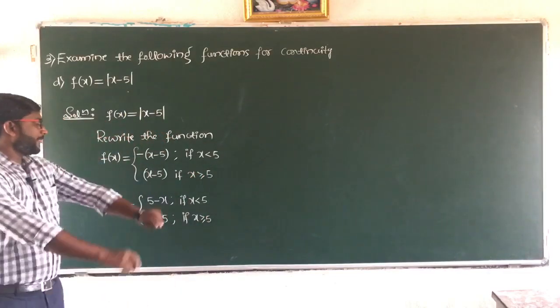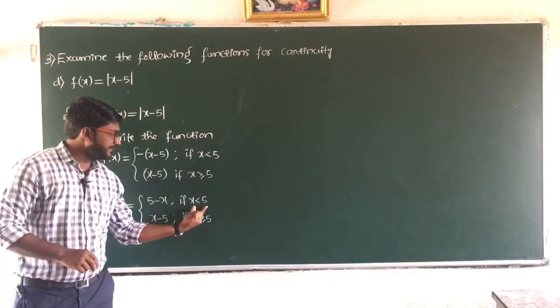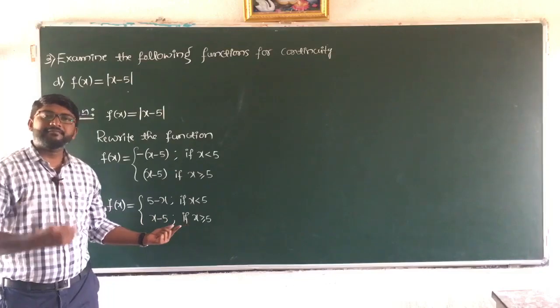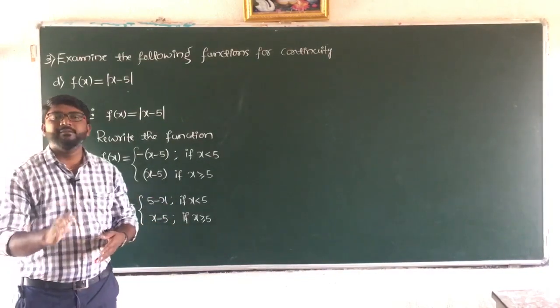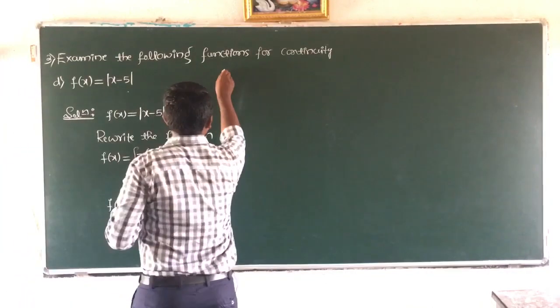So here the function is changing around 5. For x less than 5 it is 5 minus x, for x equal to 5 and greater than 5, the function is x minus 5. That means we have to go for the left hand limit and right hand limit and then the value of the function.